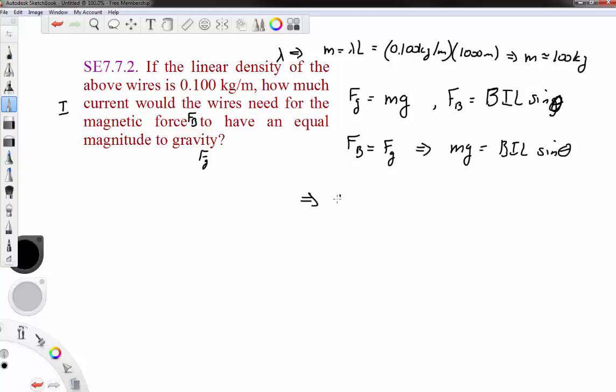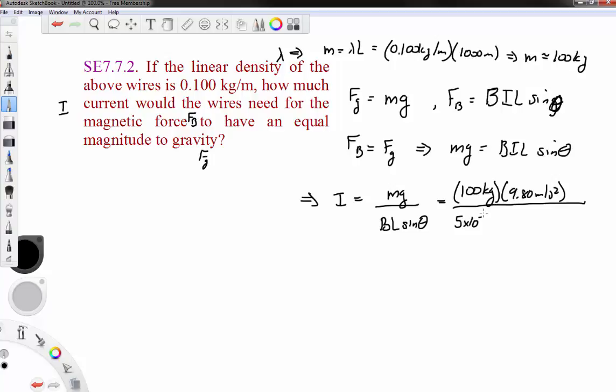We're solving for the current, so I must be m times g divided by BL sine theta. So we have 100 kilograms, which we solved for above, times 9.8 meters per second squared, gravitational free fall acceleration, divided by 5 times 10 to the minus 5 Tesla, times the length, which was 1,000 meters, times the sine of 90 degrees.